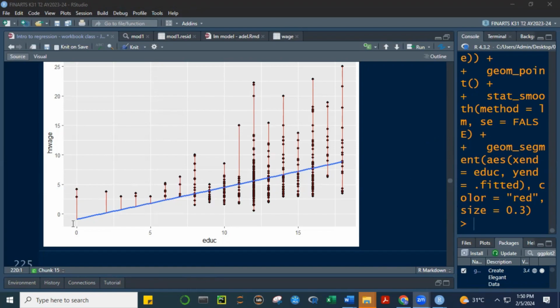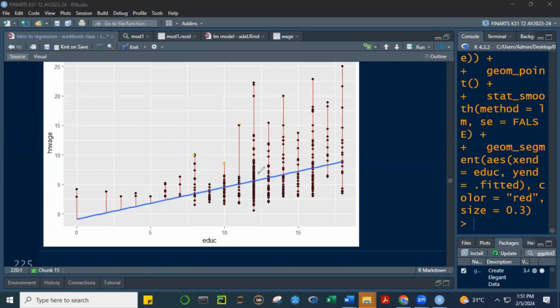So this is your regression line, ba? Ito, class, these are our actual points. The red lines here are your residuals. They are the distance between your actual, drawing lang ako ng konti. So this is your actual. Ito yung mga y sub i's natin there. This is your y hat.